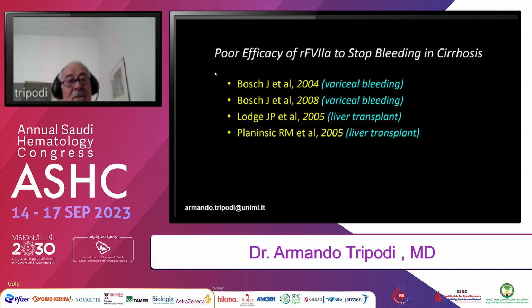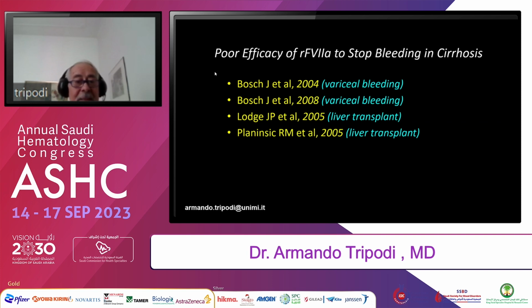And in fact, I looked at the literature over the years, and you can see that there were at least 4 randomized clinical trials using recombinant factor 7A to try to stop bleeding in patients with cirrhosis. 2 of these trials were on variceal bleeding, and the other 2 were on transplantation.